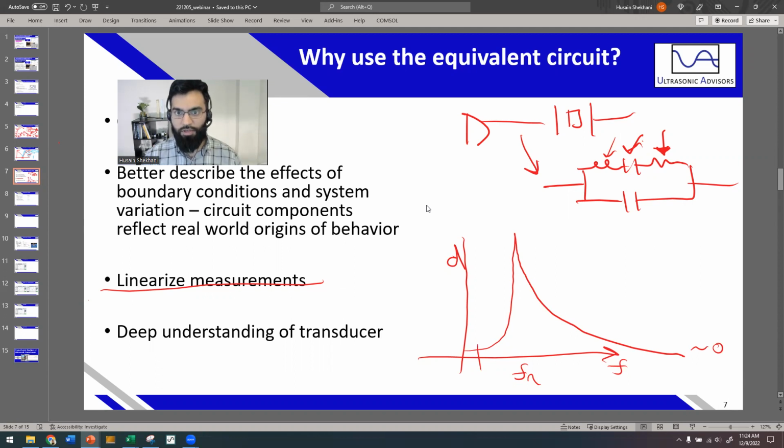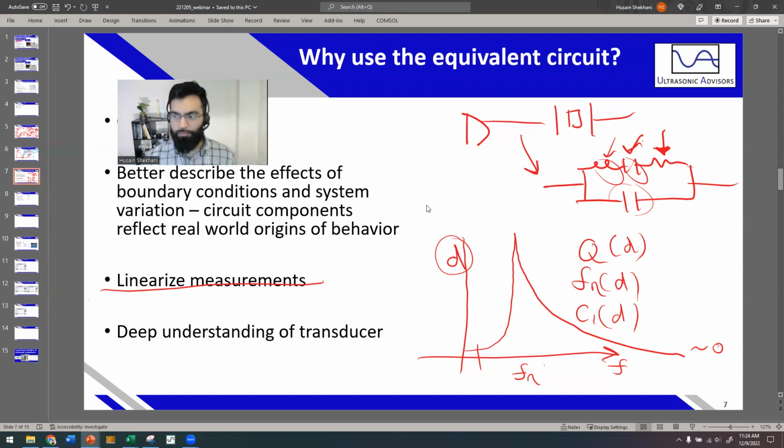But the properties depend on the displacement level. So the resonant frequency, or even the Q factor, or even something like this capacitor, C1, let's say, these are all functions of displacement, or you could say velocity, depending on how you want to represent this. So they're inherently nonlinear values.